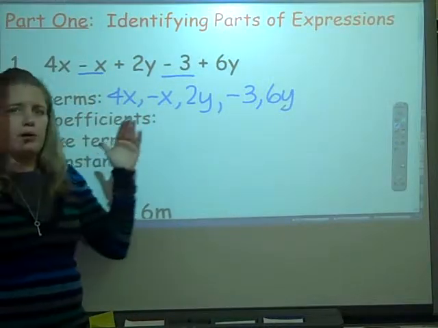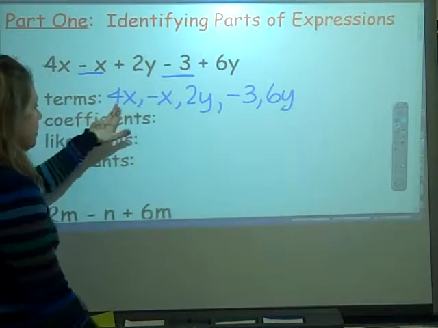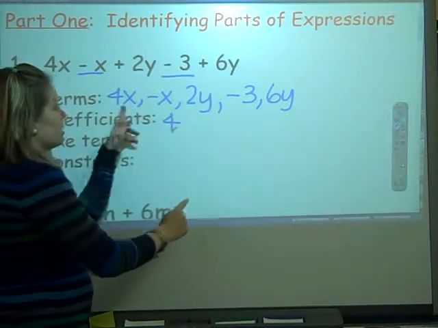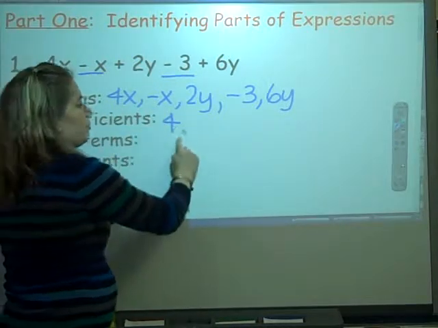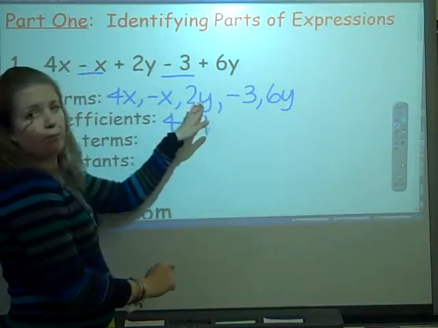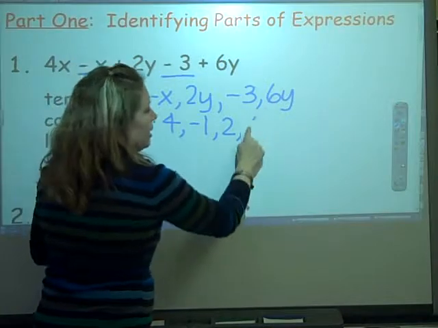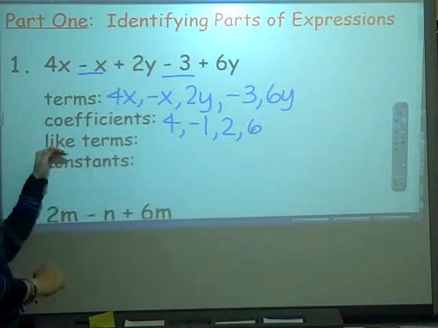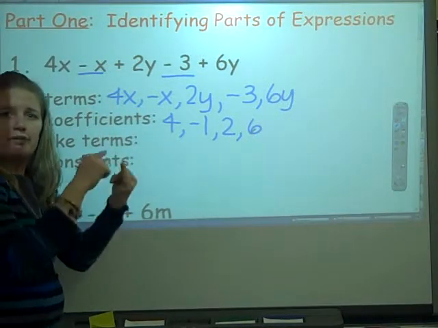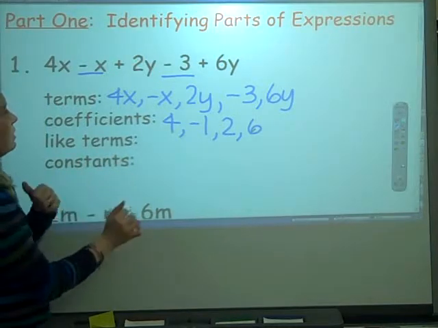Coefficients, that's the number multiplied to a variable. The number multiplied here is 4. The number multiplied here to this variable would be negative 1. The number multiplied to this variable would be 2, no variable, and then 6. Like terms, same variable raised to the same exponent, or just numbers.